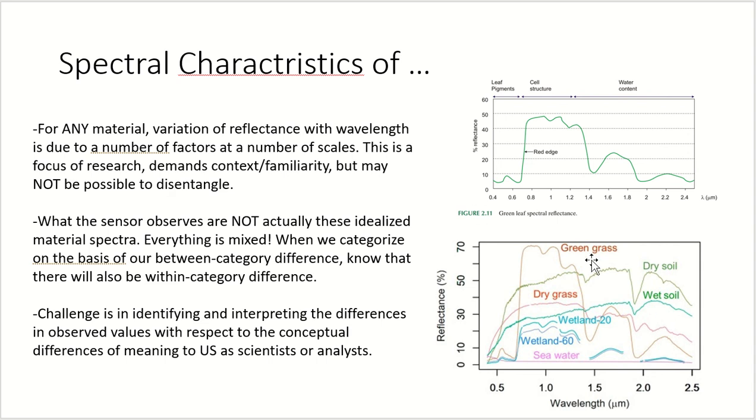We see that a little bit here with, okay, what happens when there's more or less water content in the grass or in the soil? But as I mentioned before, we're talking about within category variation.